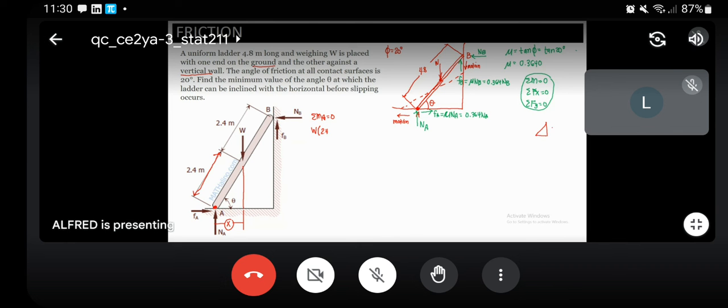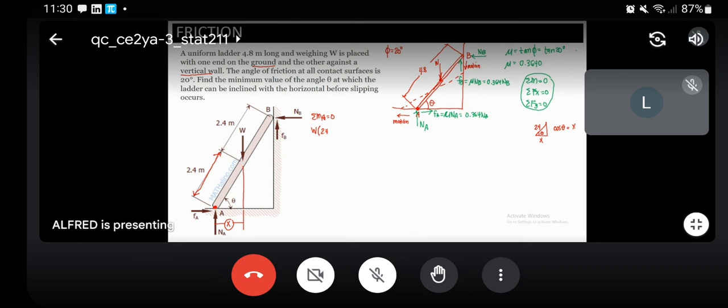Sige nga. This is your x. This is your theta, which is still unknown. This is 2.4. So how do we solve for x? What's cosine of theta? It is equal to, what is cosine? Nakalimutan na yung cosine.